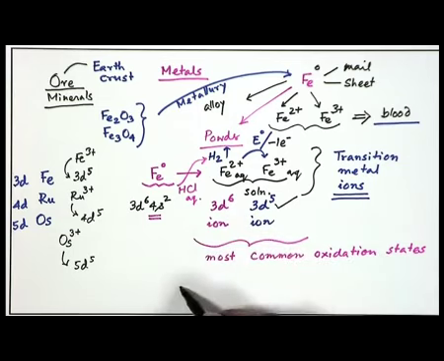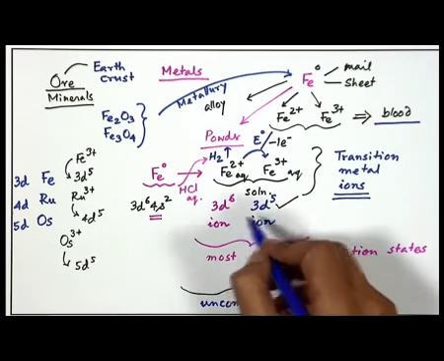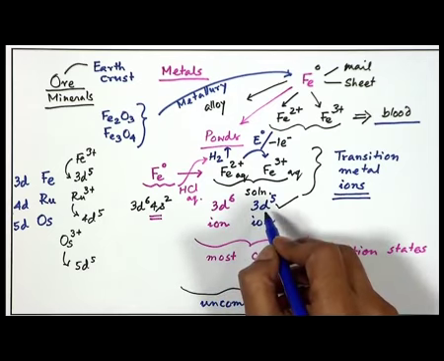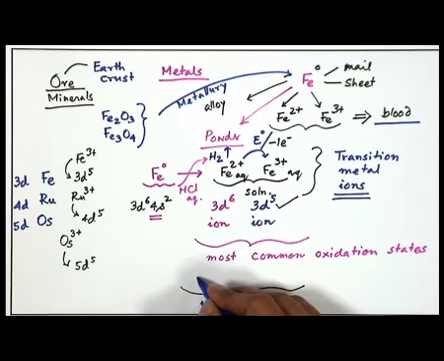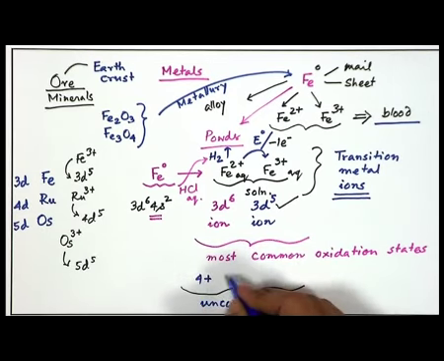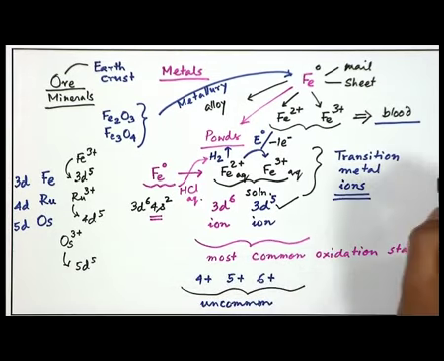Those oxidation states will be termed unusual or uncommon oxidation states. So, 2 and 3 can be there, and beyond this we can have 4 plus, 5 plus, or 6 plus.